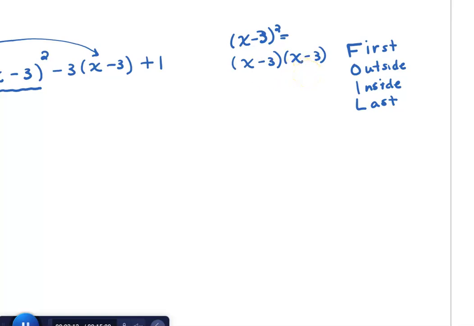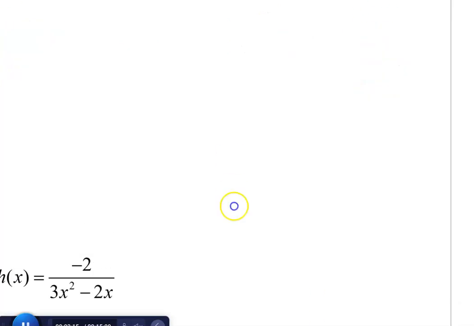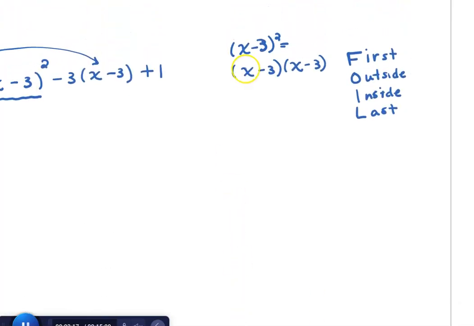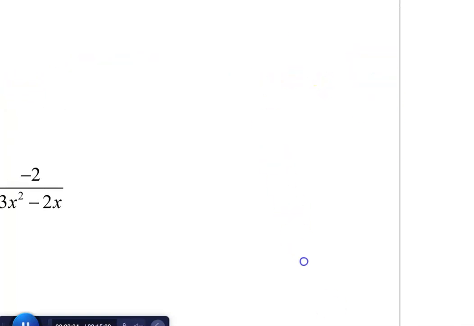So you have to make sure you do x times x, that would be first times first. Outside times outside, so we did x times x, now we're doing x times -3. But then we have to do inside times inside.